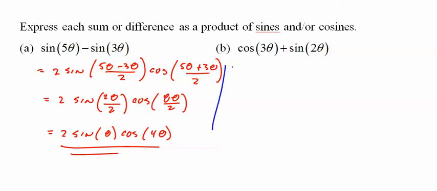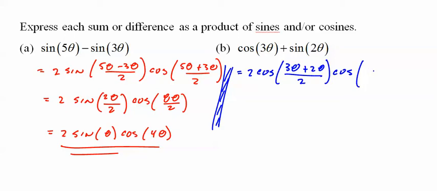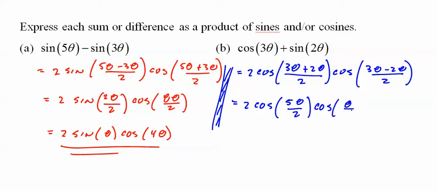And last but not least, cosine of 3 theta plus cosine of 2 theta equals 2 cosine of 3 theta plus 2 theta over 2, cosine of 3 theta minus 2 theta over 2, equals 2 cosine of 5 theta over 2, cosine of theta over 2.